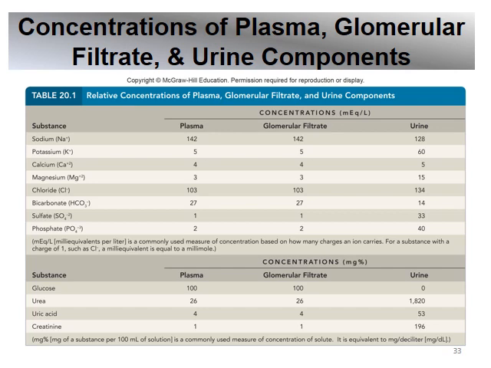We also see that the plasma urea and the glomerular urea is 26, but in the urine it's 1820. So obviously we're going to put a lot of urea into the urine. We're also going to concentrate the urine, making it so that there's very little water and a lot of solutes in the urine that's excreted.